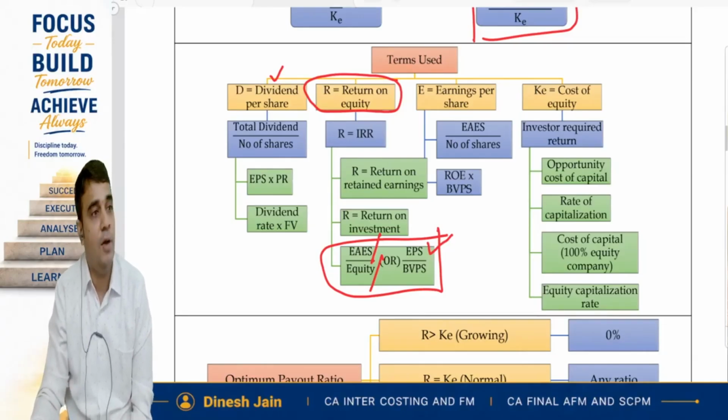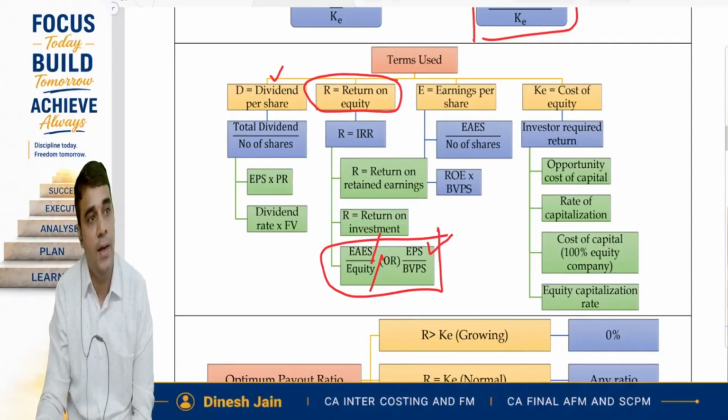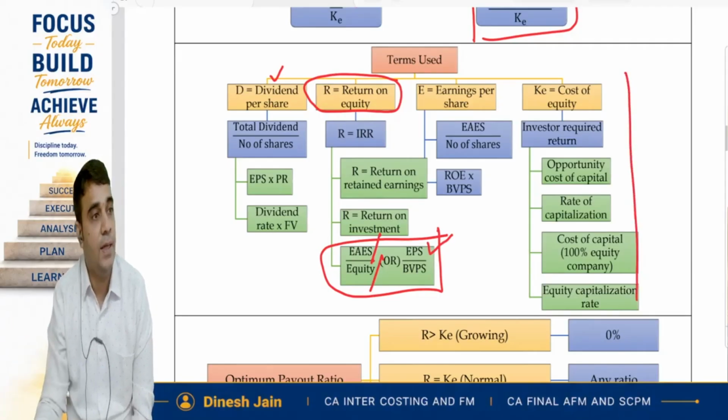The only point you have to be aware of is that the question can use different names: IRR, rate of return, return on retained earnings, return on investment, return earned by the company. Only if it says return earned by the shareholder, this is KE: cost of equity, investor required return, opportunity cost of capital, rate of capitalization.